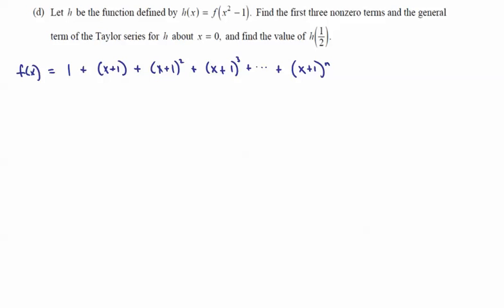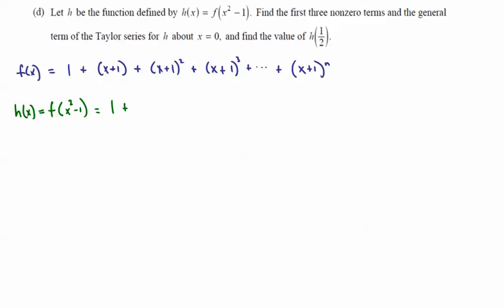Well, if f of x is 1 plus (x plus 1) plus (x plus 1) squared, etc., then h of x is f of x squared minus 1, and we're simply going to replace x with x squared minus 1.